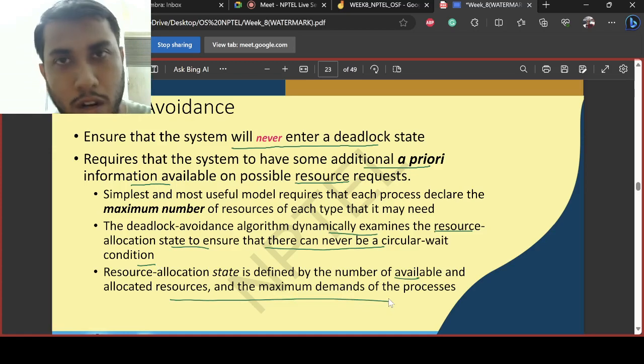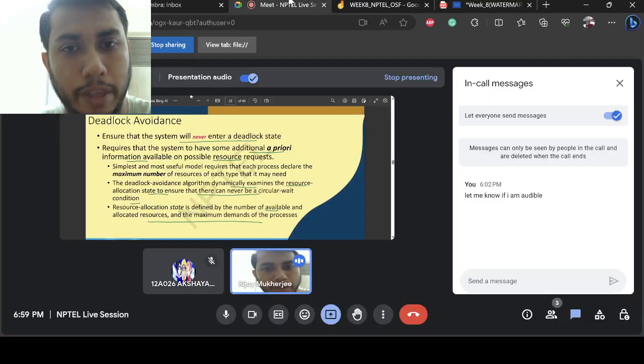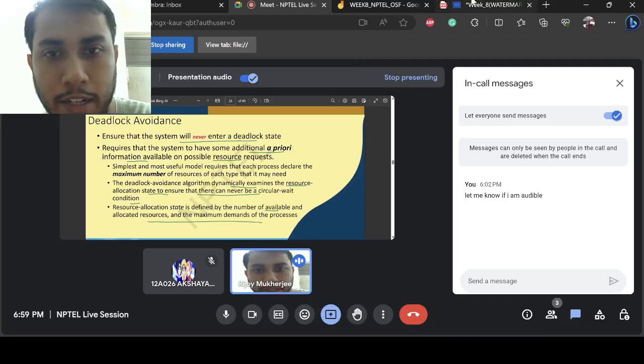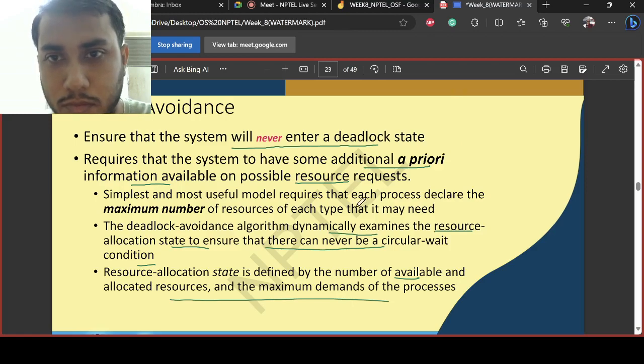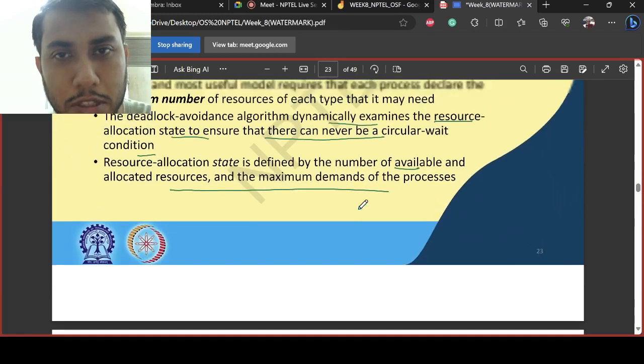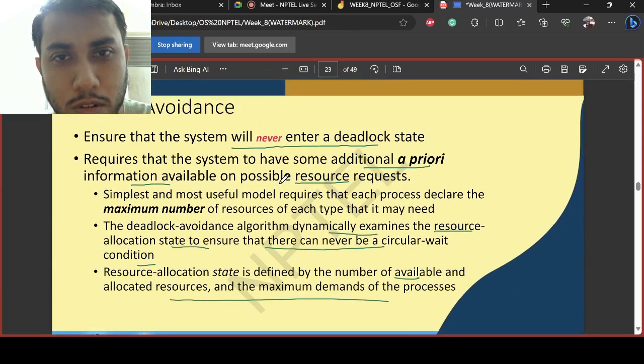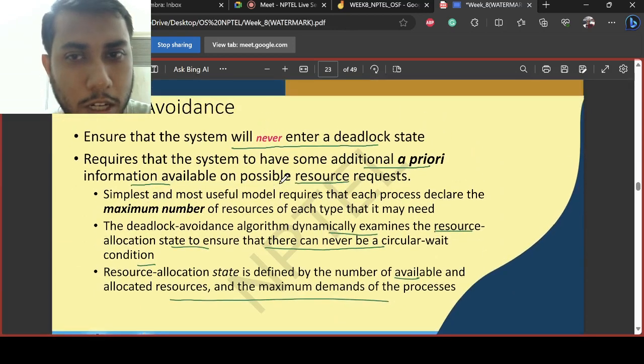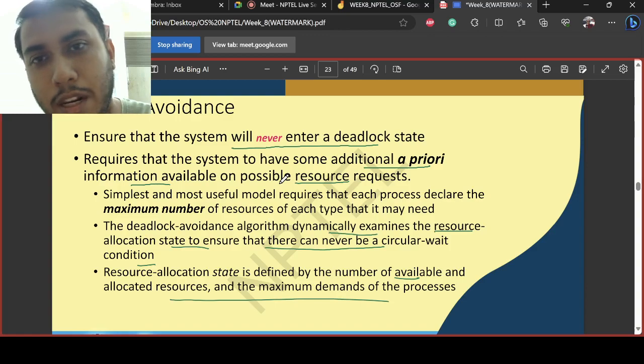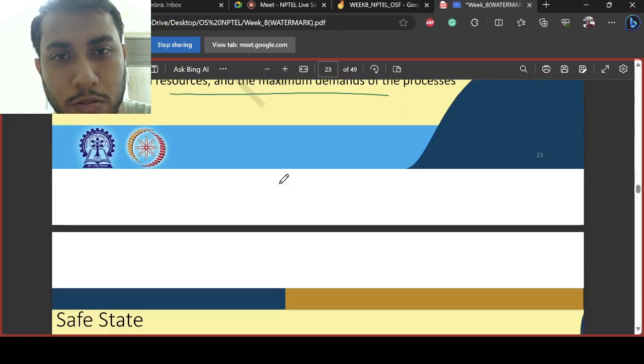We'll come to all of them using some examples, so bear with me. I know these are very heavy words, but when you see an example it will be much easier for you.